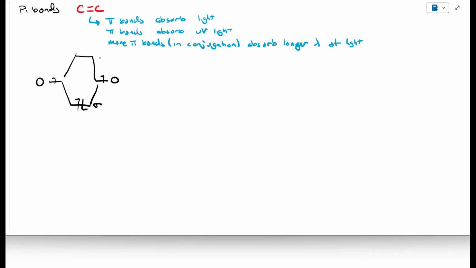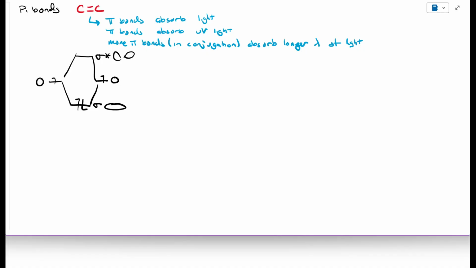This we would call the sigma bonding orbital, and this one we would call the sigma star anti-bonding orbital. This is how bonds are formed. These two s orbitals in the hydrogen atom overlap to form the bonding orbital, or they overlap to form the anti-bonding orbital.